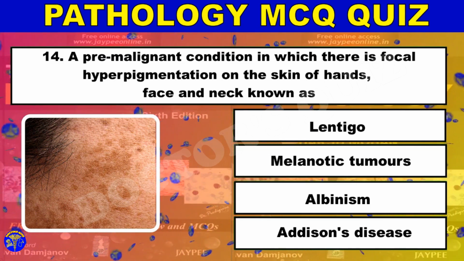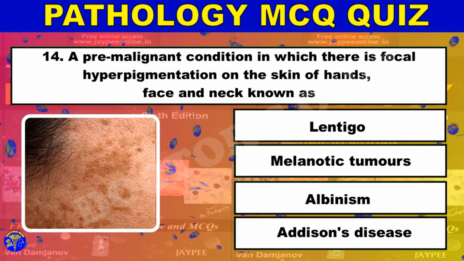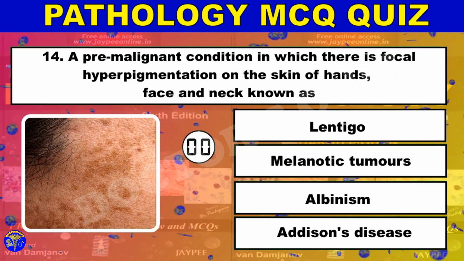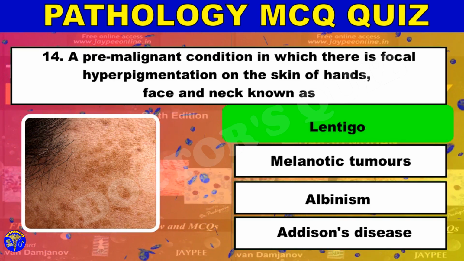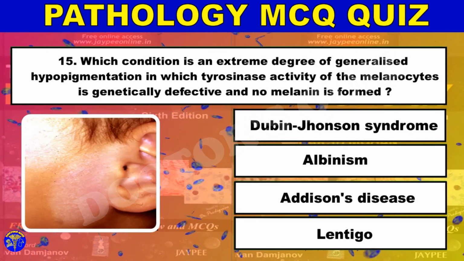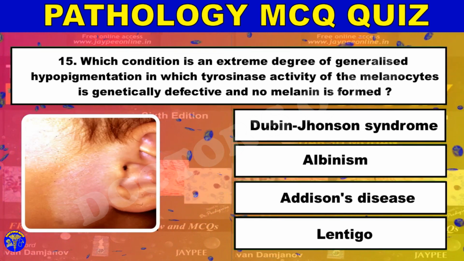The options are lentigo, melanotic tumors, albinism and Addison's disease. And the right answer is lentigo.